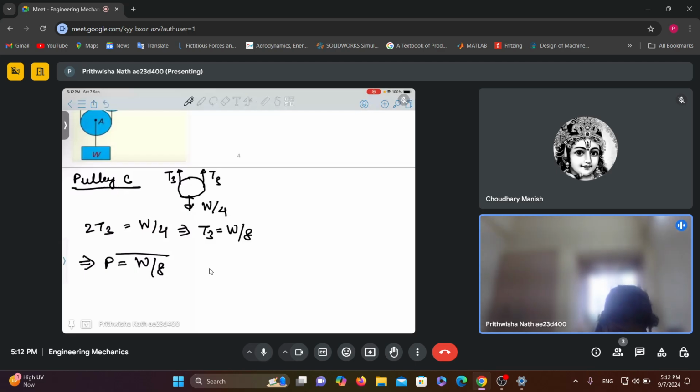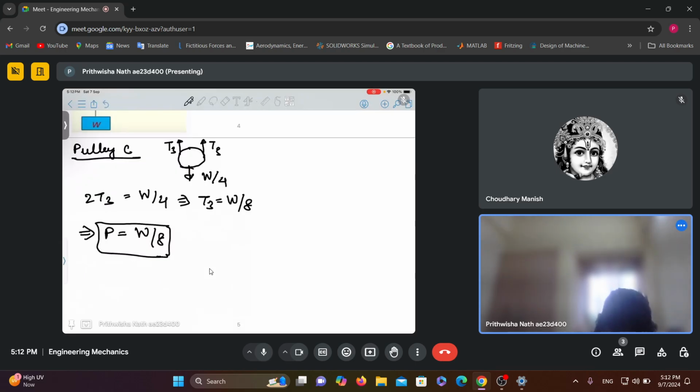Now to calculate the mechanical advantage, it is given by the formula W by P. So W and P is W by 8, we already calculated this.